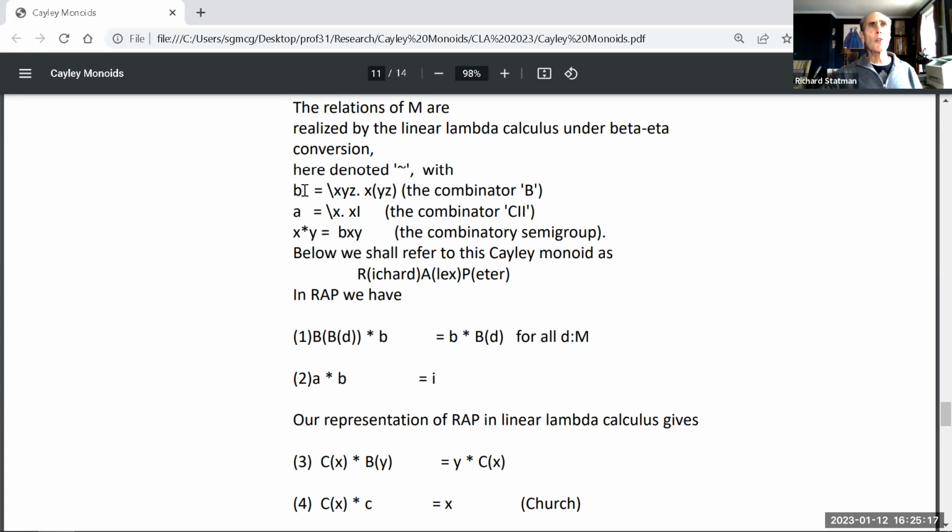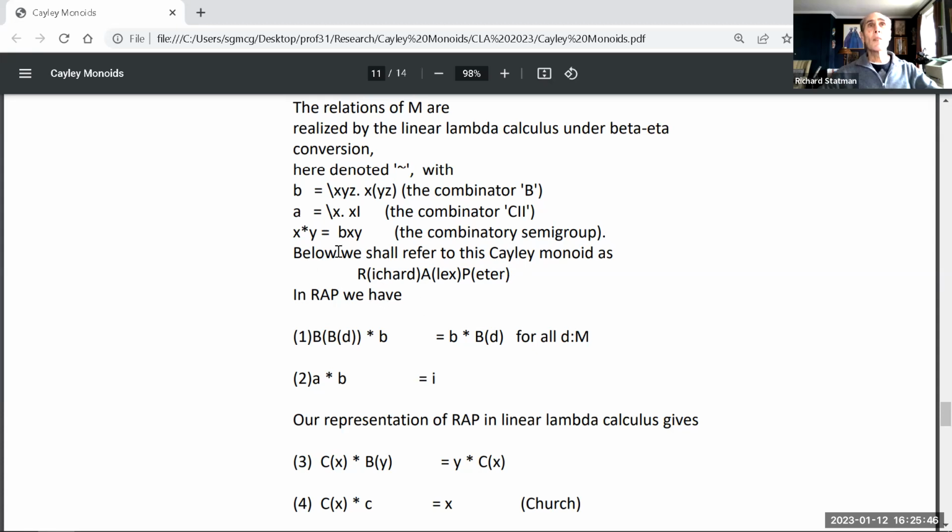You need B, you need C, and you need C of C and C of B, and of course the identity. Yes, it's the two that are missing. So the answer is you're only getting a submonoid of the monoid of all linear lambda terms. However, we're not done yet. We'll get them all in a minute.